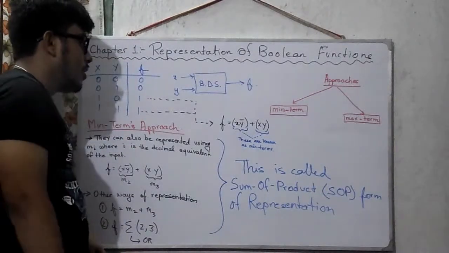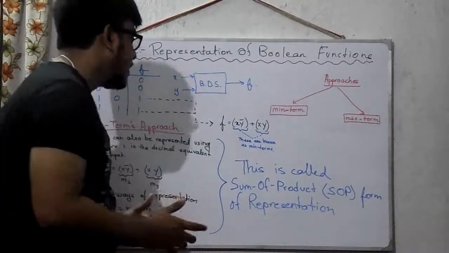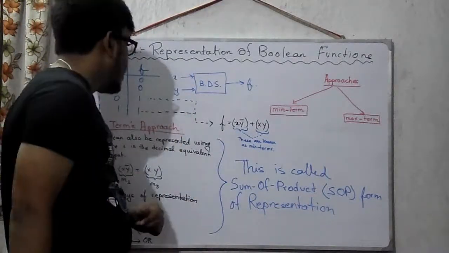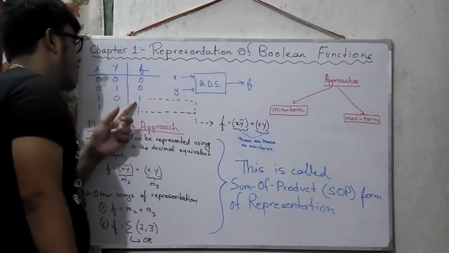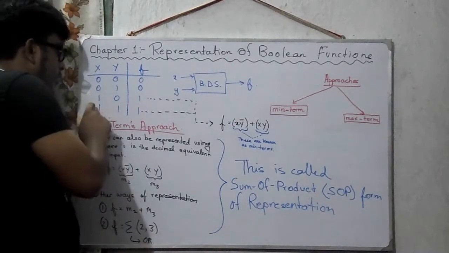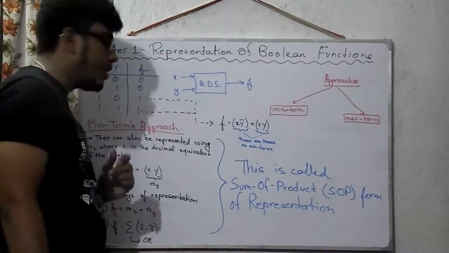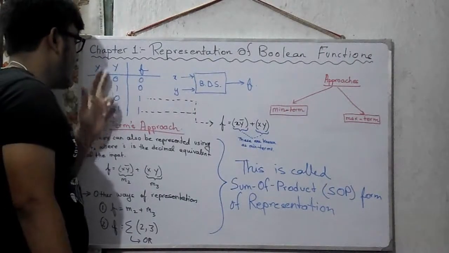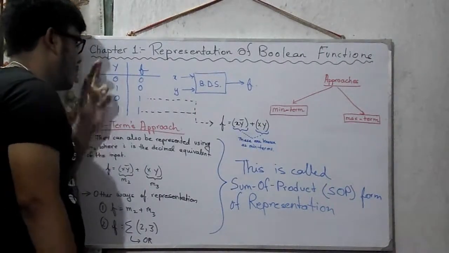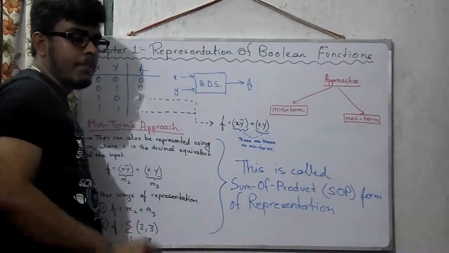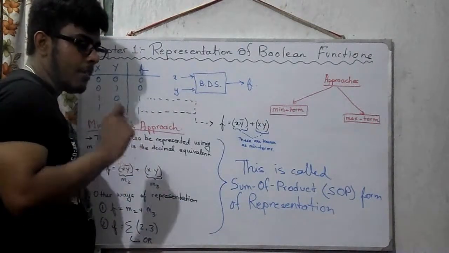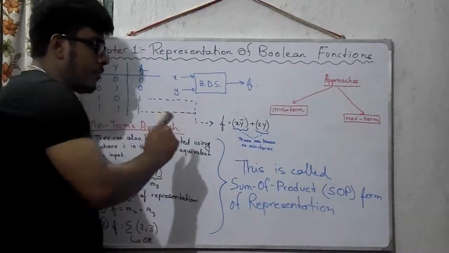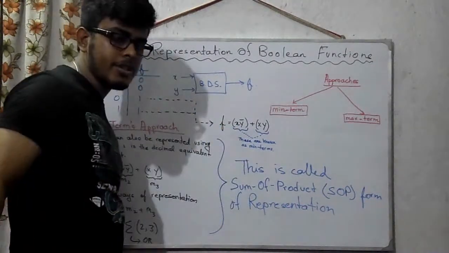So in the MinTerms approach, we take those input combinations for which the output is 1. Here we see two input combinations: x equals 1, y equals 0, and x equals 1, y equals 1. In the MinTerms approach, the operation performed amongst the variables is the AND operation.